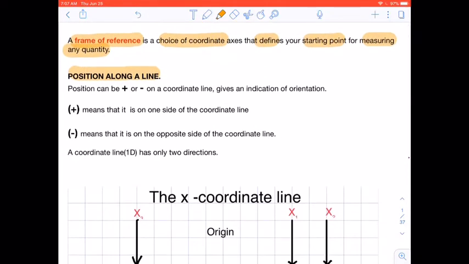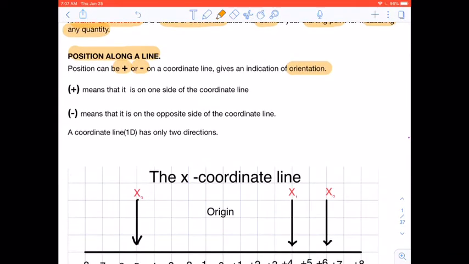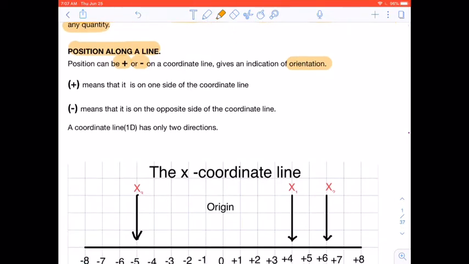Let's just recap. Position can be plus or minus on a coordinate line, and it gives an indication of the orientation. What do we mean by orientation? It gives an indication on which side the particular object or particle is.